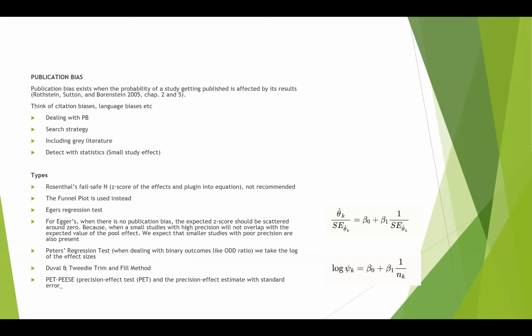If we had some studies that are small, we expect these studies to have very large confidence intervals, so they should overlap with our expected values. And if we have others that are also small in sample size but have very high precision, it means the confidence intervals are very narrow. So it isn't that wide.